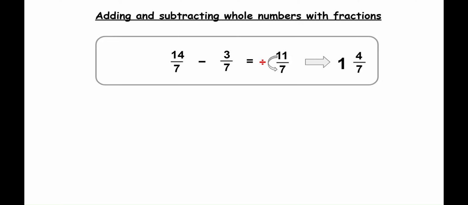Now, if converting improper fractions and mixed fractions is something you're not yet familiar with, I recommend that you watch my video on converting improper fractions and mixed fractions. So 14 over 7 minus 3 over 7 equals 11 over 7, which can be converted to the mixed fraction 1 and 4/7.